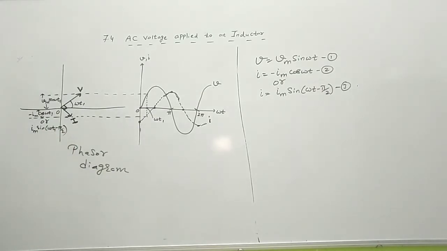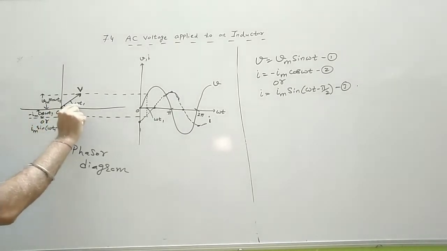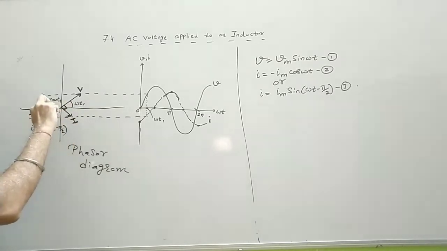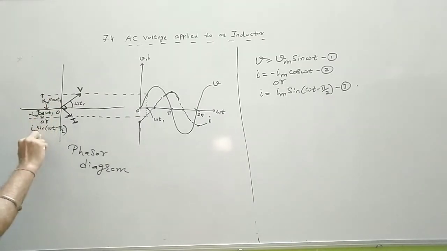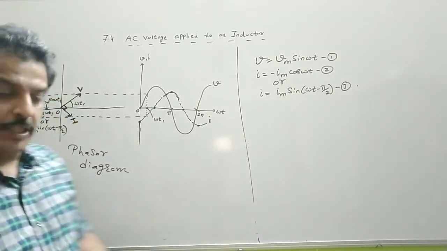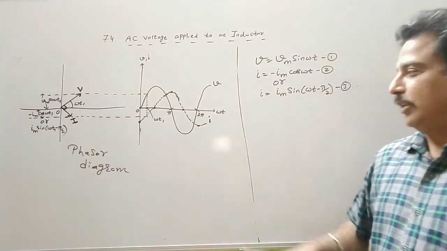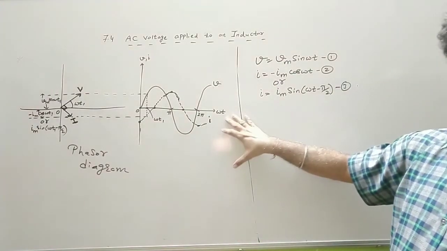So this is the case. If this angle is omega t1, this angle will be 90 minus omega t1. So this component becomes the minus cosine component, or you can say minus Im sine of omega t1. That is the concept of a vector, how to resolve and write it. So this is the V and I versus omega t graph.